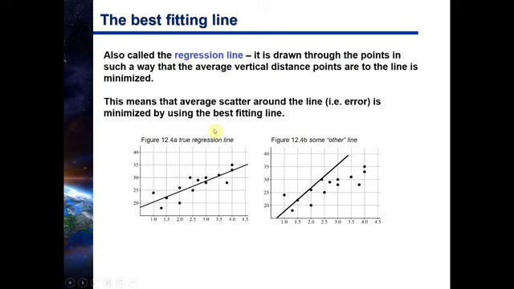Okay? So another way of thinking about this is that if we use the best fitting line, what that line is doing is minimizing the average scatter around the line. The average scatter. Now, I can't reinforce this enough. You're not moving the dots around.